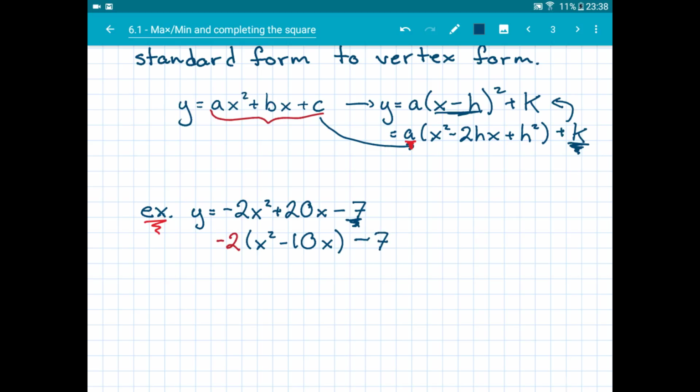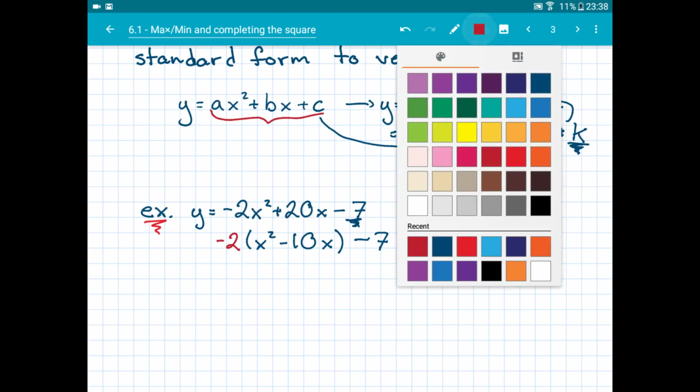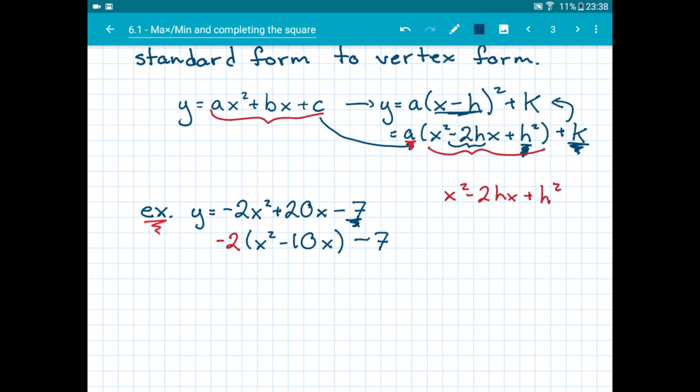Now this looks fine, except I don't have this h value hanging off the end. I need to tack on a number to make it look like this. And I have to make a good choice here because it has to be the number that matches with this middle term. So what I'm going to do is write out this perfect square trinomial, x squared minus 2hx plus h squared, and I'm going to write out what we have right now, which is just x squared minus 10x.